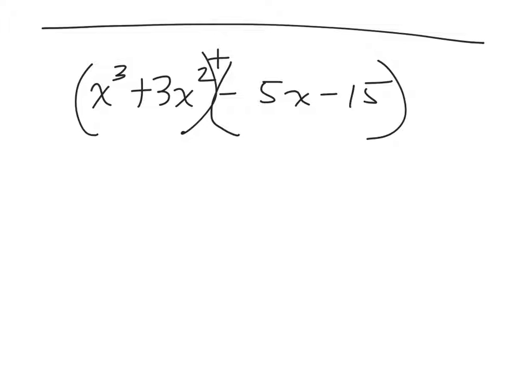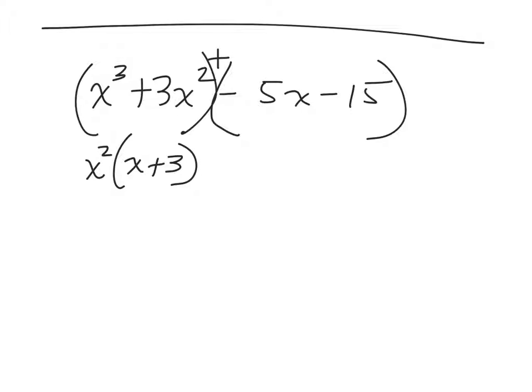Looking at the first two, out of x cubed and 3x squared, we can take an x squared out, which is going to leave us x plus 3. Now that brings us to the last two.